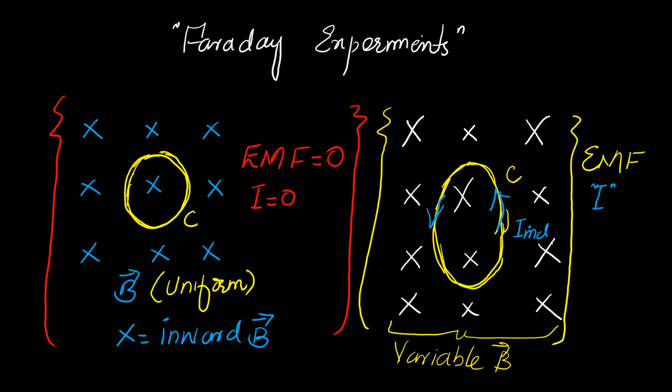This means that a variable or changing magnetic field B produces an EMF, and EMF is associated with induced current. So induced current will be produced in any conducting coil whenever there is a change in magnetic field lines, or a change in magnetic field strength near the conducting coil.